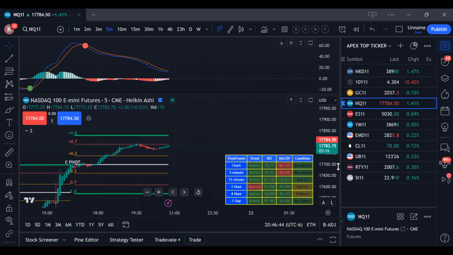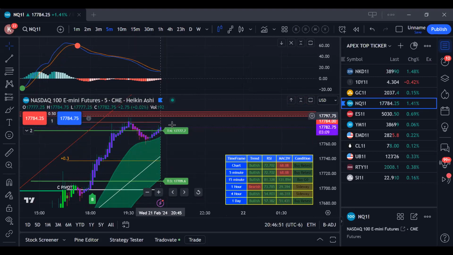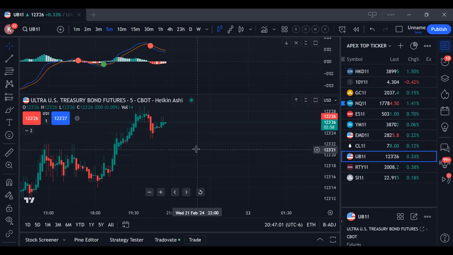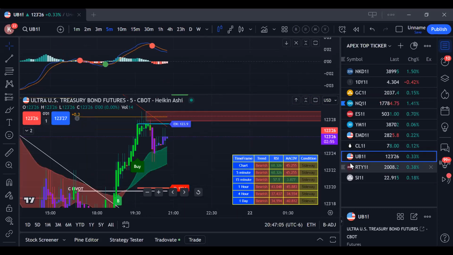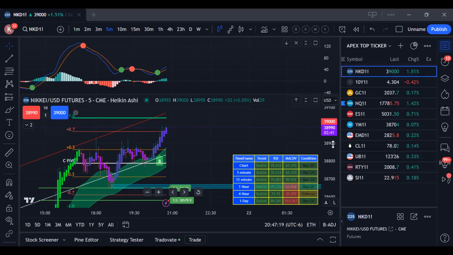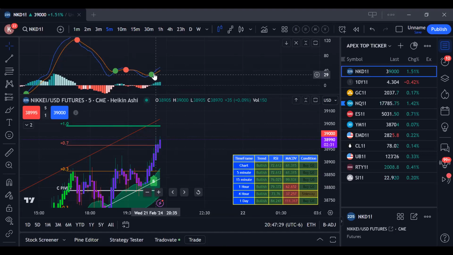Seems MNQ is also trying to break. Right, so Mickey, we got a breakout.